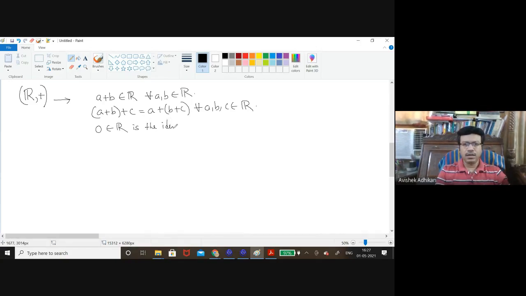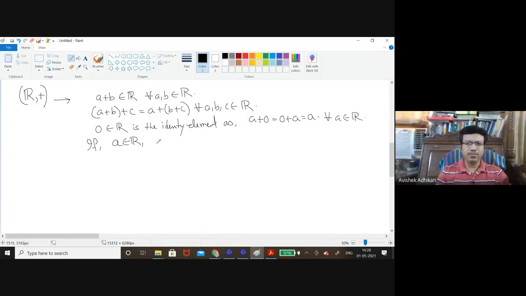Why is it the identity element? Because if you add any number to 0, you will always get back that number, for all A belongs to R. Similarly, if you take any element A belongs to R, what will be the inverse of A?